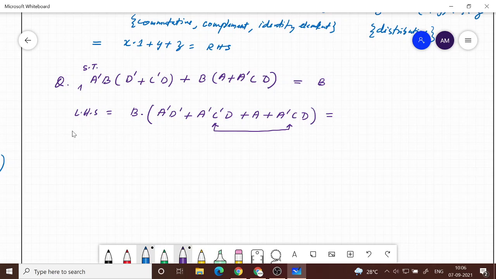Once you practice it, you will be able to see easily. So this is A dash D dash, then plus A, plus, C plus C dash is 1, and therefore this is A dash D.